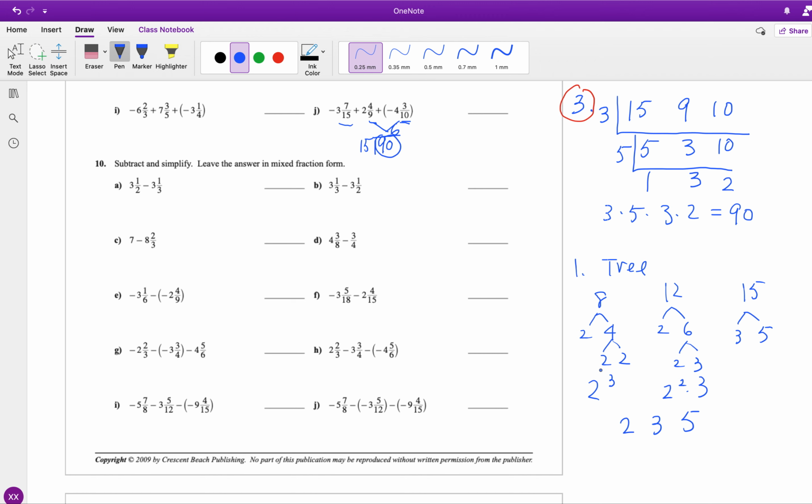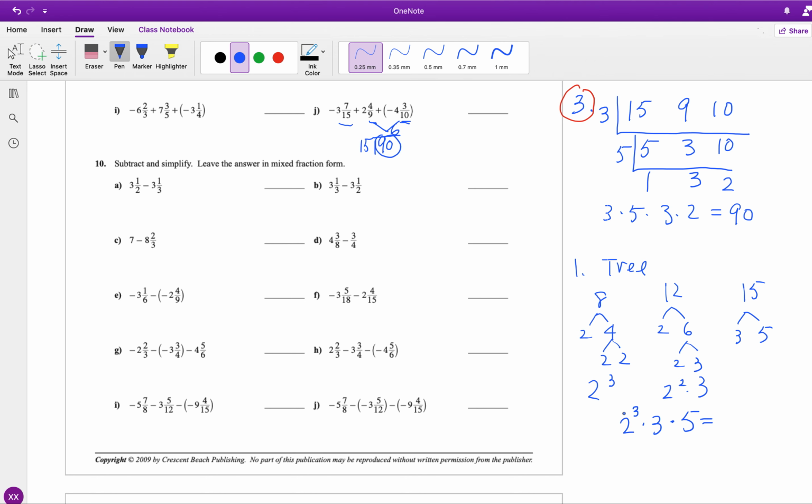Now for the 2, what is the highest power? That is 3. So here it will be 2 to the power of 3. Now 3, well, there's nothing higher than just 3 to the power 1, so that's fine. Now 5, there's nothing more than just one 5. And then we multiply them together, and that is our lowest common multiple.